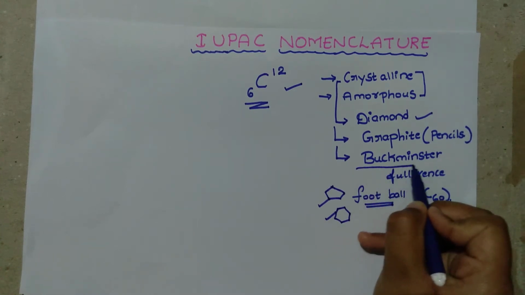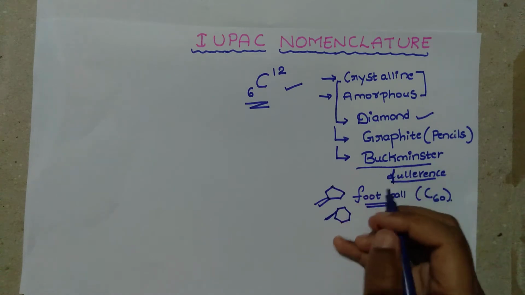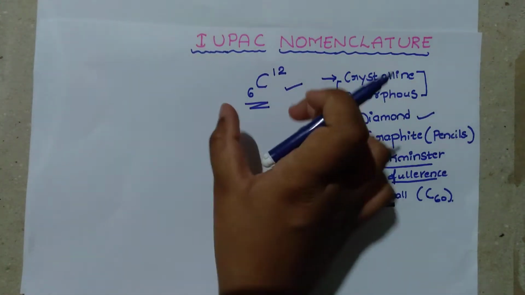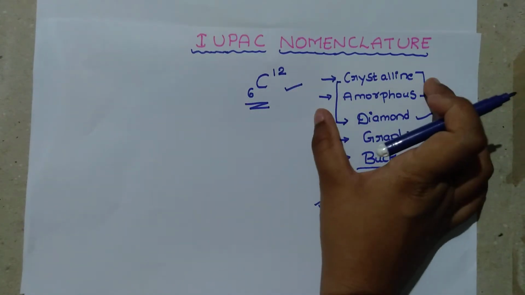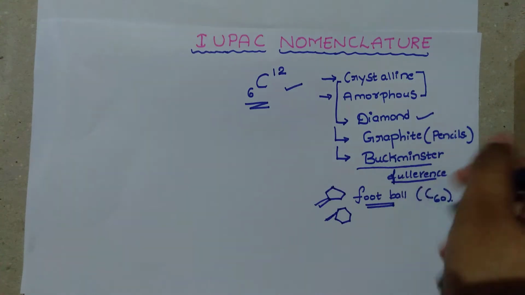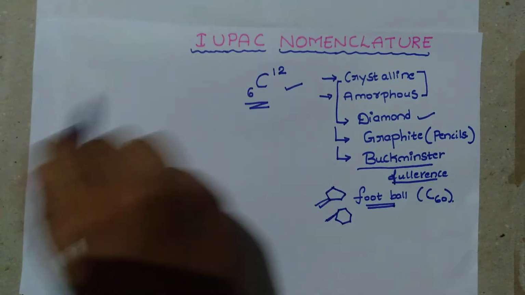So the Buckminster fullerene also has pentagonal and hexagonal figures. Now we have understood the types of carbon: graphite, diamond, and Buckminster fullerenes, which has the shape of a football.